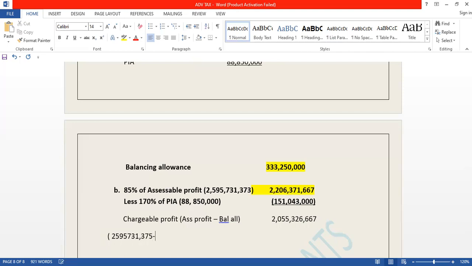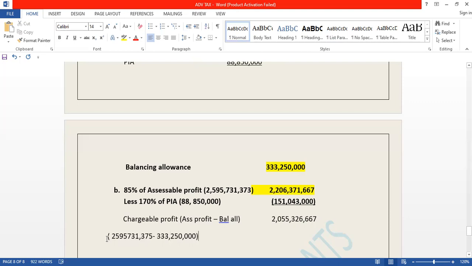Then minus our balancing allowance. And what is our balancing allowance? We have 33,250,000.